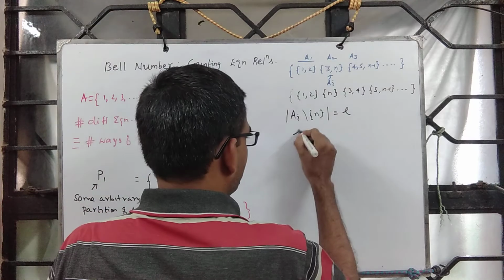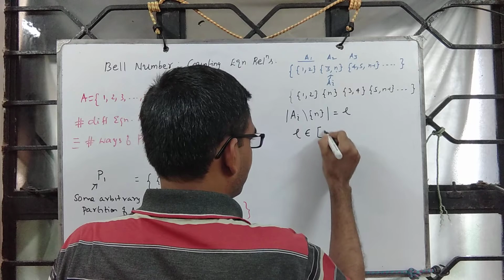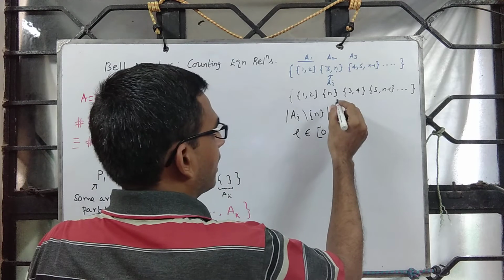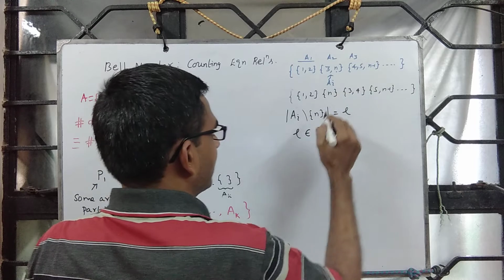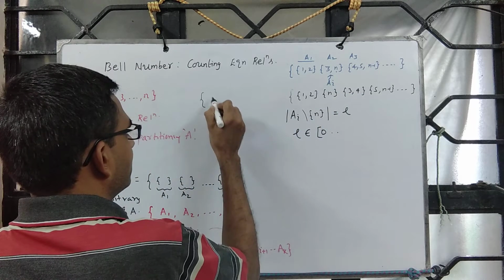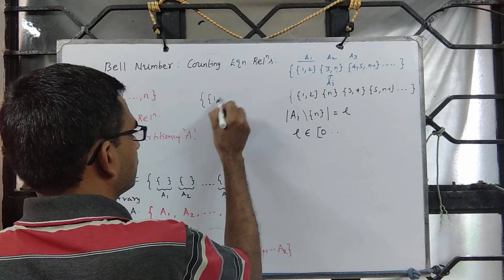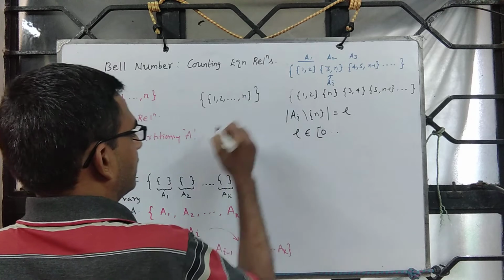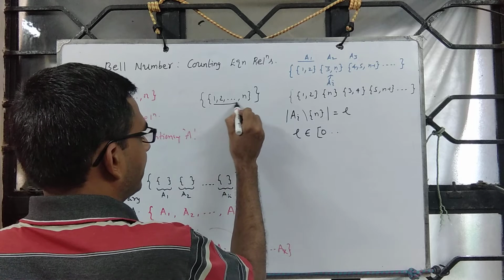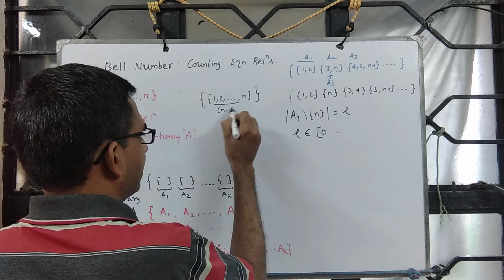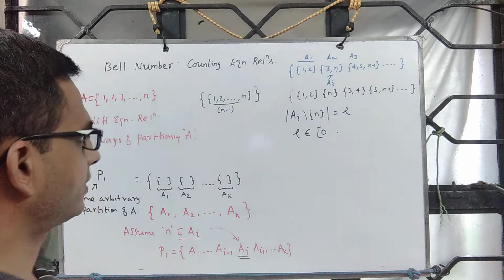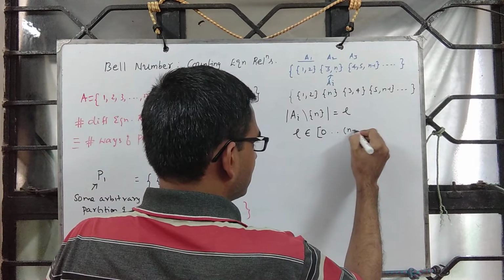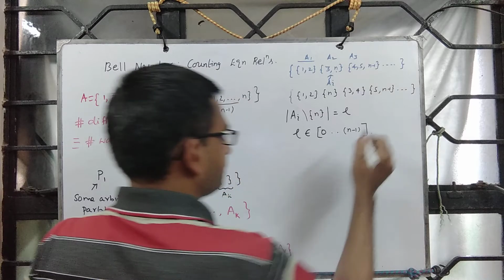So the possible values for L are, it could be 0, it could be 1, and it may be the case that if the partition is, say, like this, 1, 2, so on up to n, then all other elements are present here, whose cardinality is n minus 1, which means the maximum value of L is n minus 1.